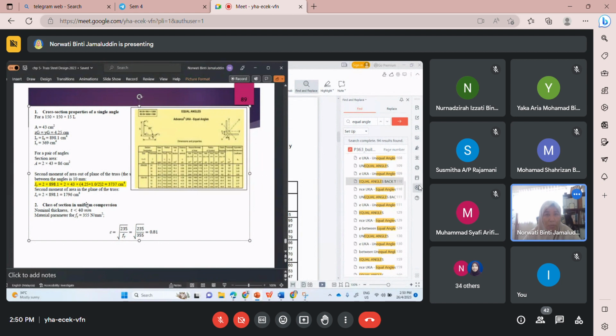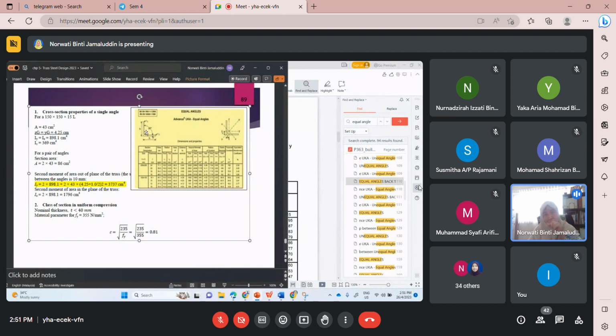Remember that this is two rectangles combined. So you can divide the area into the first rectangle and the second rectangle, and then calculate the centroid relative to the datum.